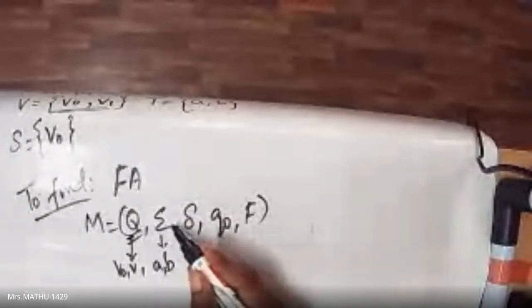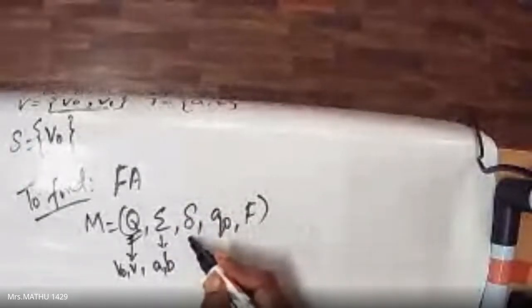And then we have the initial state V0, and according to this we will have to take a final state VF. We want to have a final state. And the transition functions, how will you write them?